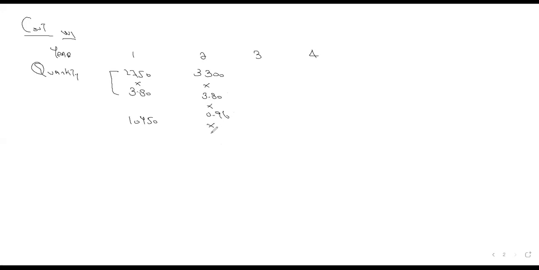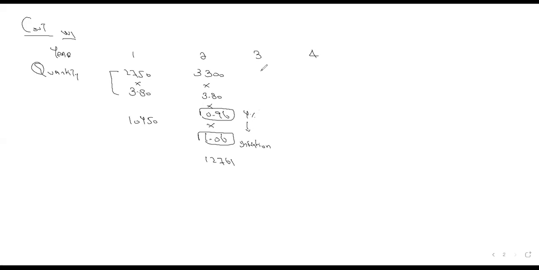What was the inflation for the second year? 6%, so 1.06. The 4% is the decrease and this is the inflation. So you will get 12,761. Understand?